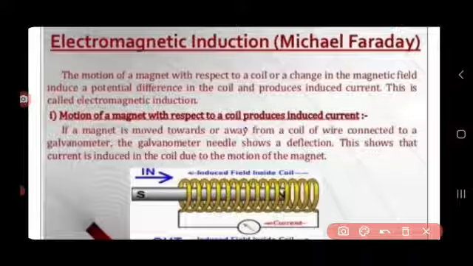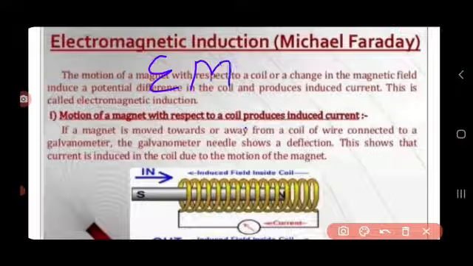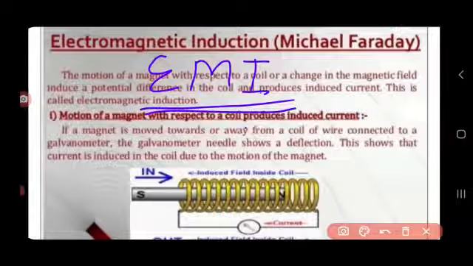Electromagnetic induction states that it is the phenomenon of producing electric current by changing magnetic flux.